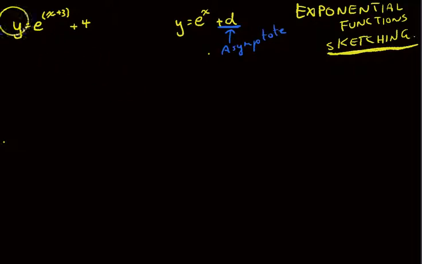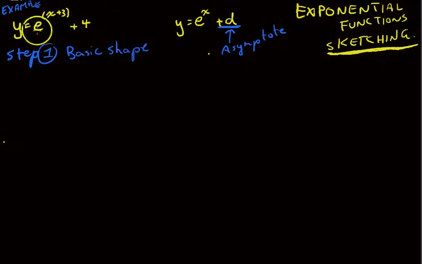Let's take a look at an example here. We've got y equals e to the power of x plus 3, plus 4. Now, first step, step 1: ask yourself what the basic shape of this graph is. It could be e to the x, it could be e to the negative x, it could be negative e to the x, or it could be negative e to the negative x.